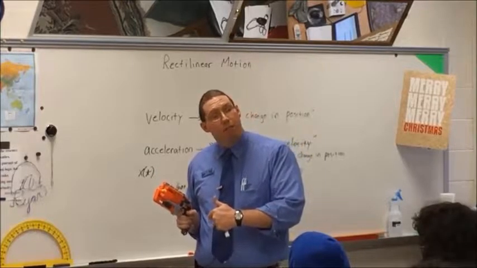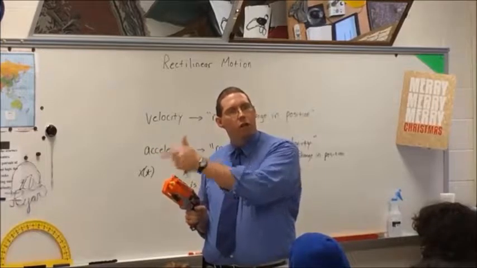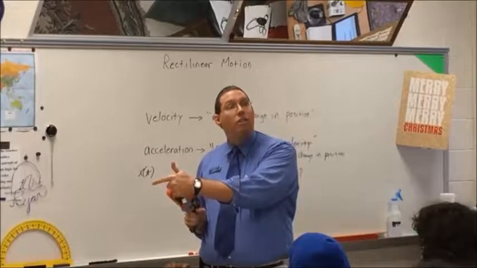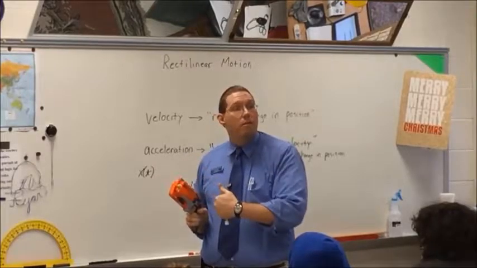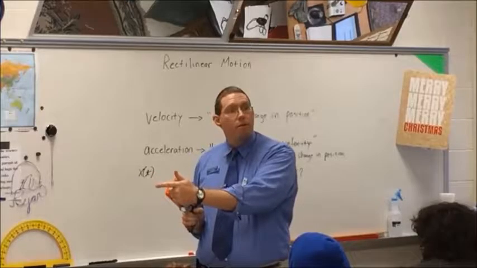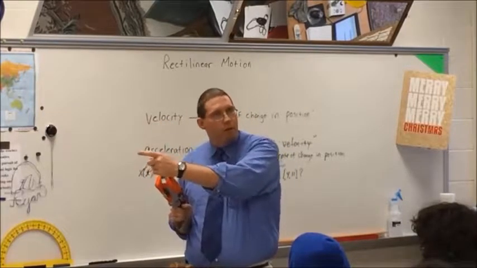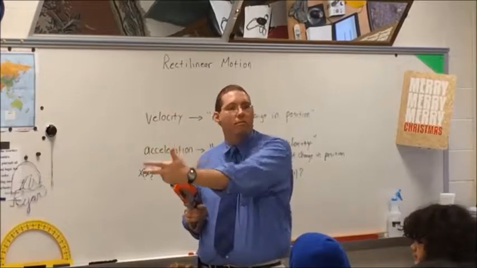That's a positive position. Now, as I shoot it that direction, isn't it going to get closer to the origin point, which is 0? So the distance is going to decrease. Then the distance is going to decrease some more, but in the other direction. But it's going to increase in the other direction, in a negative direction, which means decreasing.